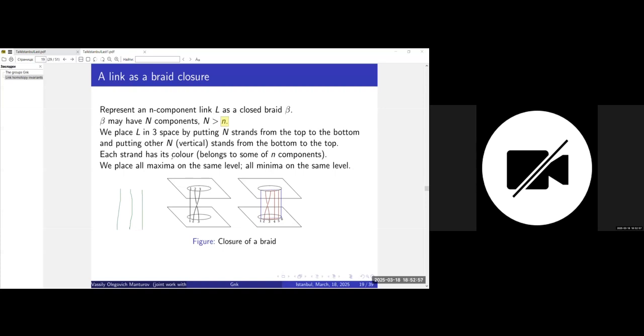Excuse me, the number of components. No. Capital N is the number of strands, and small n is the number of components of a link. So to have a three-component link, I may need 10 strands. So then in total, there will be 20 strands, 10 of them representing the braid itself, and 10 vertical ones.